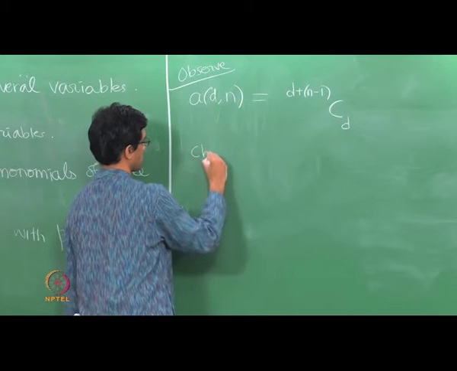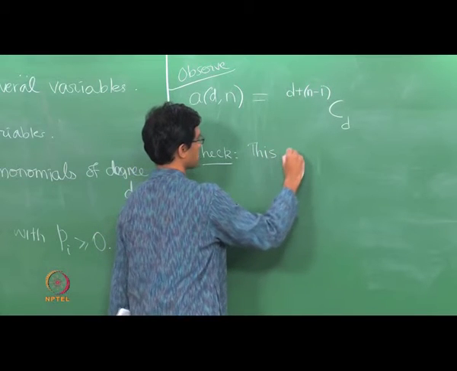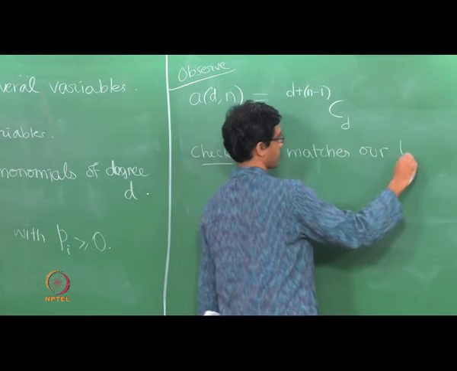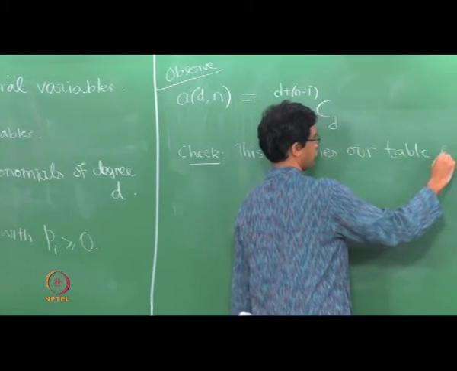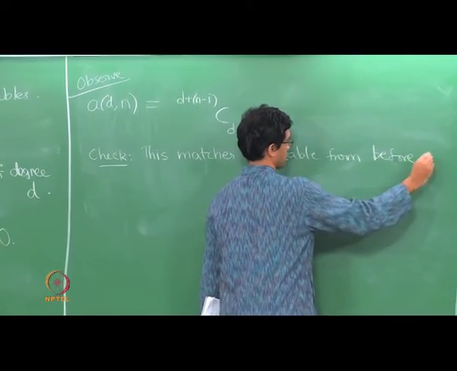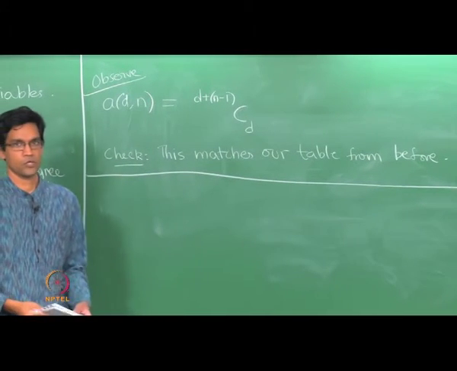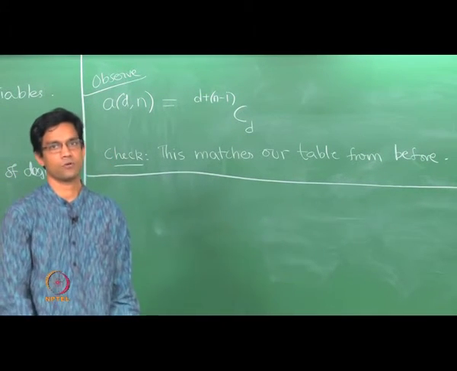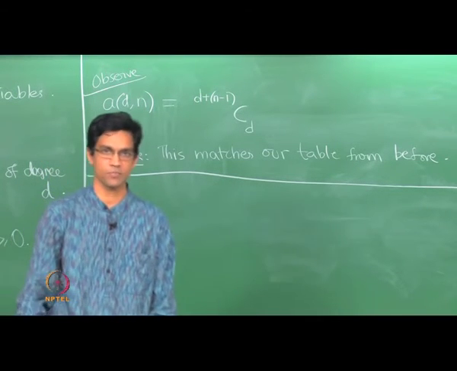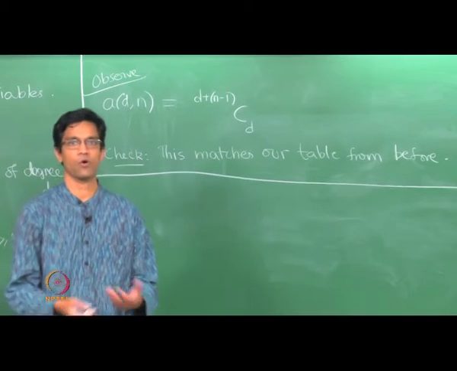Here is a nice exercise to do, check that this matches the values in our table from one of the past lectures. Okay. So, a problem on counting monomials turns out to be just a problem of doing combinations with repetitions being allowed. Okay. So, next time we will talk about something more on permutations.